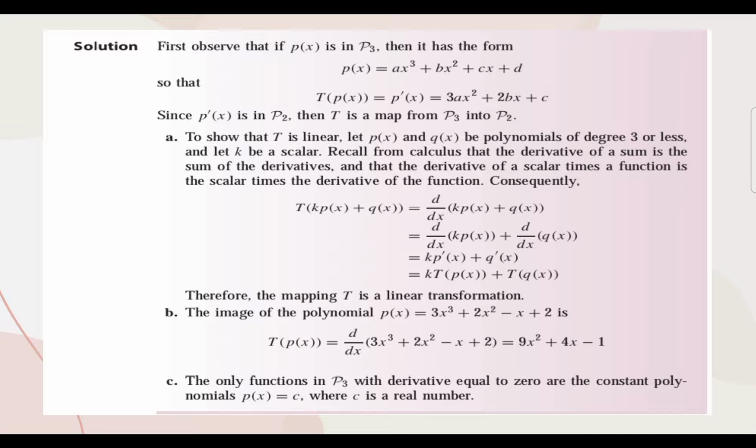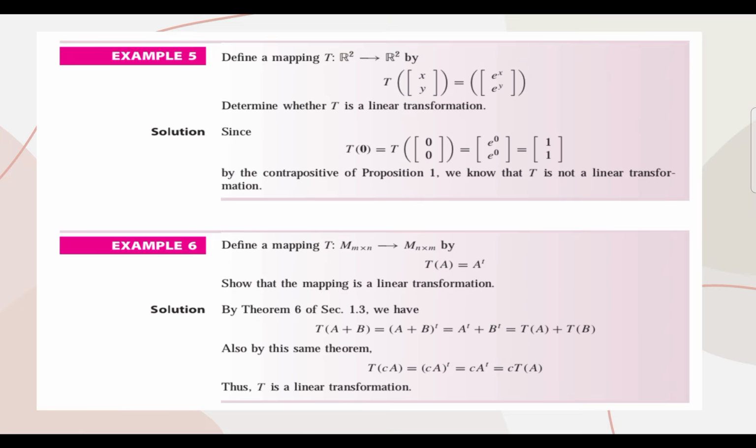Then the solution of letter C: the only functions in P_3 with derivative equal to 0 are the constant polynomials P(x) = c, where c is a real number. So the polynomials in P_3 that are mapped to the zero vector are the constant polynomials P(x) = c, since their derivative is always 0. So that is the solution.